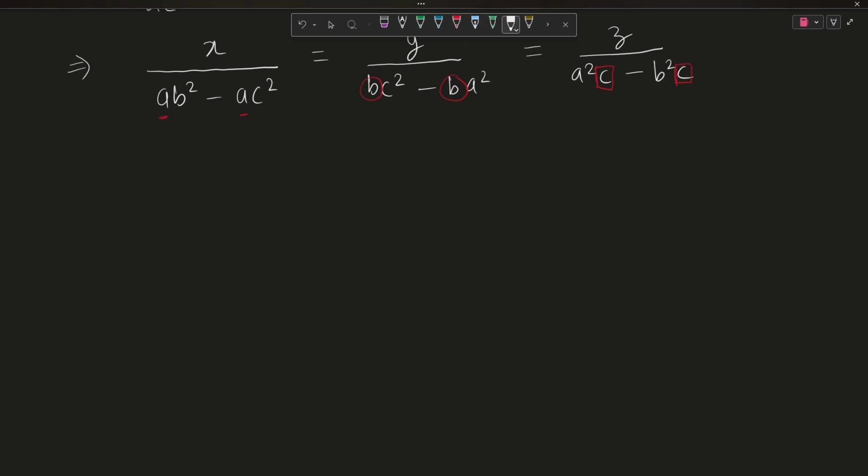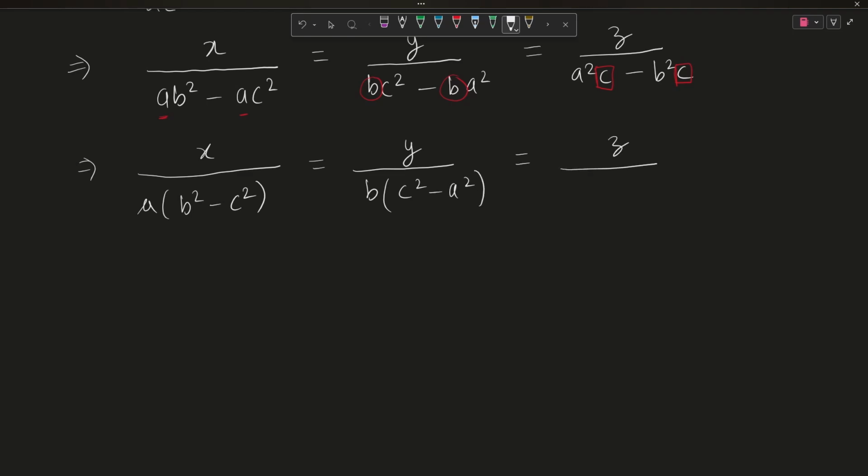So I can write it as x upon a into b square minus c square is equal to y upon b into c square minus a square is equal to z upon c into a square minus b square.